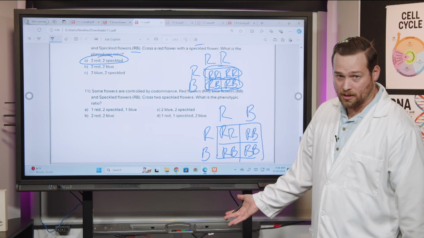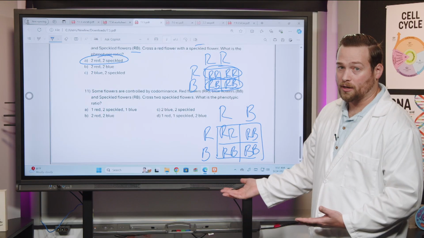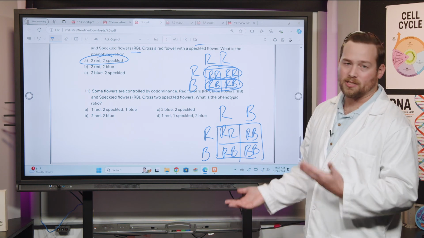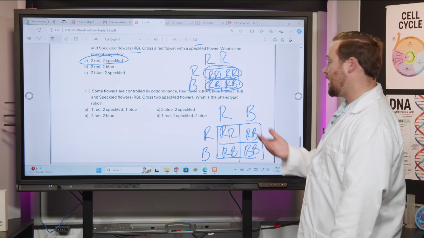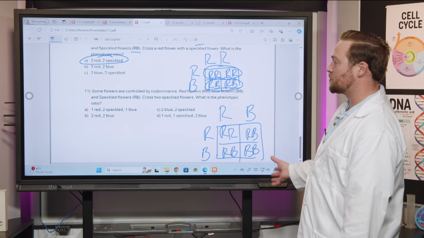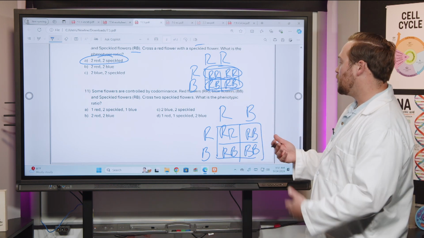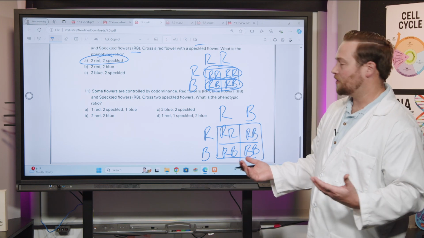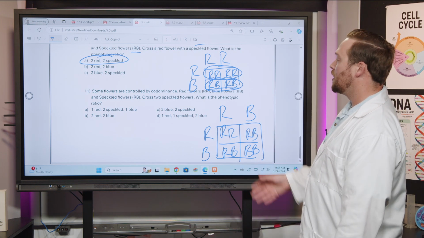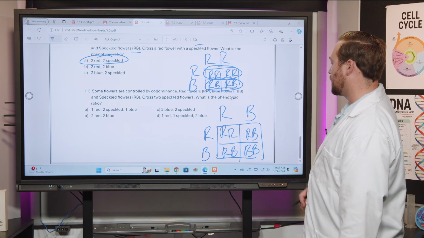It's super easy to make a mistake even when you're writing it all out. So please always take the time to complete the Punnett squares. Even if you think you can do them in your head, it's super easy to make a mistake, especially when you're working with these different forms of inheritance patterns. Usually you have plenty of time. Your tests shouldn't be timed, and usually you've got all the time in the world. So make sure you're going through the effort and actually filling in your Punnett square.